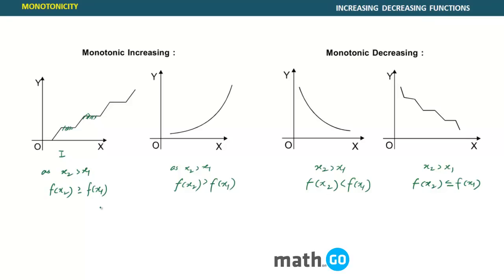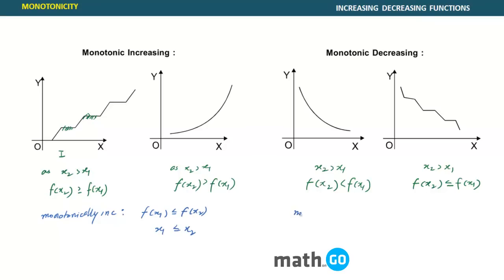So if somebody asks you in a question to find the condition that it is monotonically increasing, what condition will you use if you are confused? For monotonically increasing, both these cases are your answer. So the condition that you will use is f(x1) is less than or equal to f(x2), as x1 is less than x2.